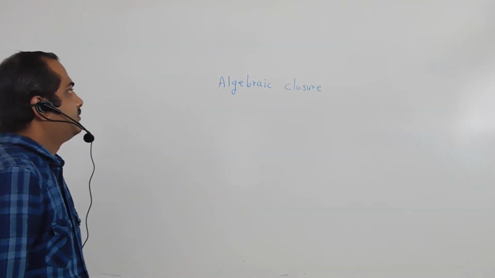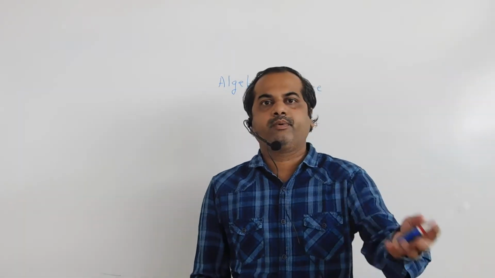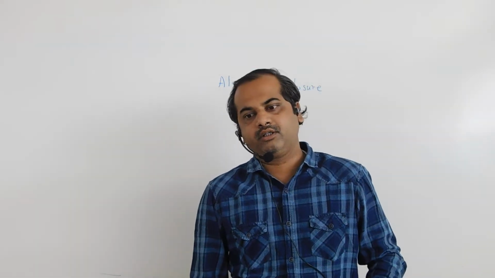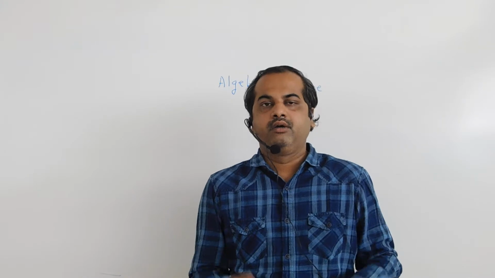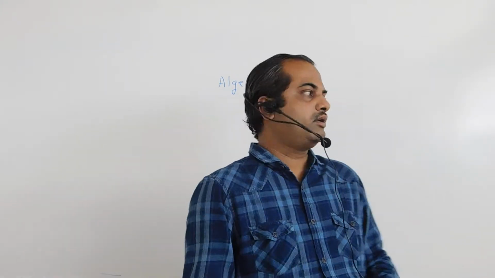So as we have a field of rationals and given a polynomial f of x which is irreducible over the field of rationals, we find the roots and attach those roots.